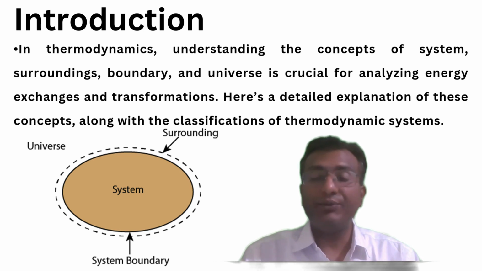The surroundings include everything outside the system, which interacts with it. The boundary is the dividing line that separates the system and its surroundings. This boundary can be real, physical, or imaginary. The universe comprises both the system and its surroundings.